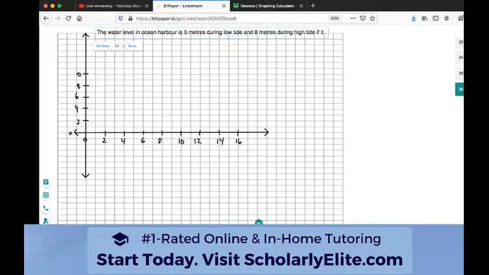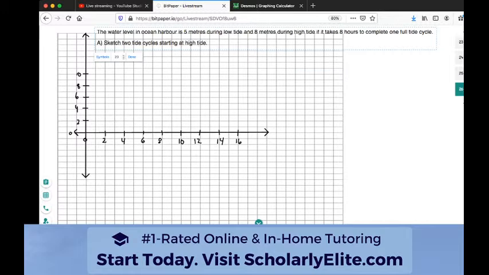If it takes 8 hours to complete one full tide cycle, basically the next part of the question is A, sketch 2 tide cycles starting at high tide.